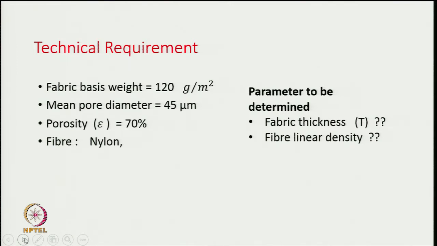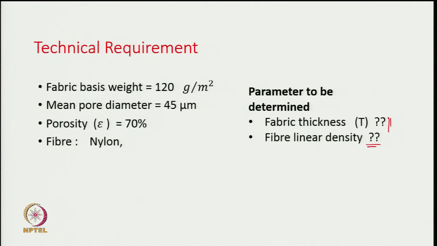Now, we need to find out what should be the fabric thickness and what should be fiber linear density. So, some technical requirement or needs are given and the manufacturer has to manufacture this.